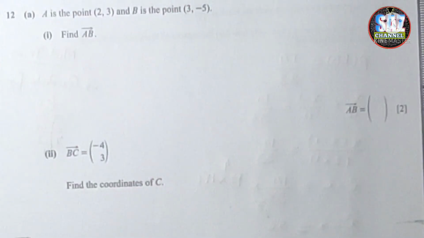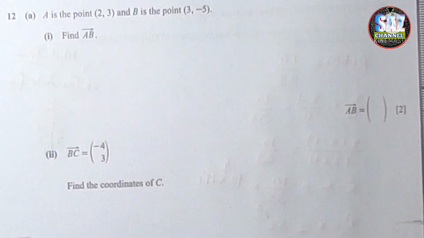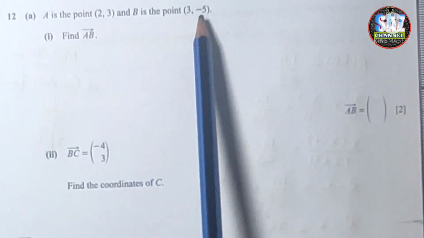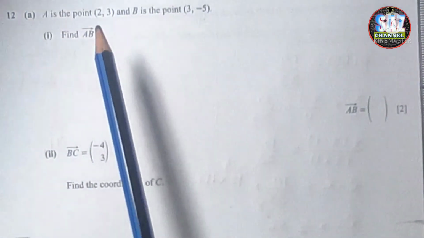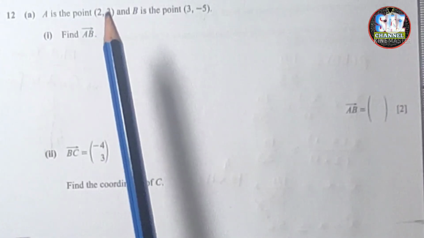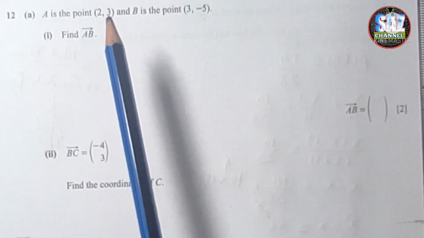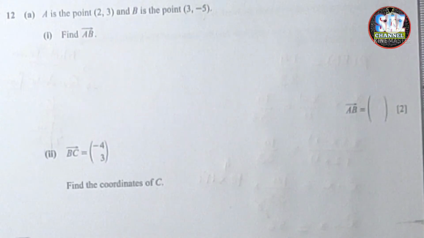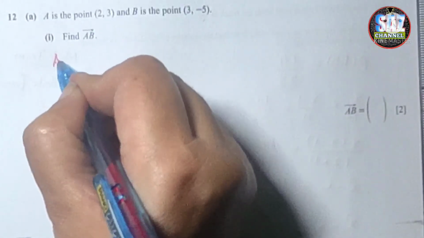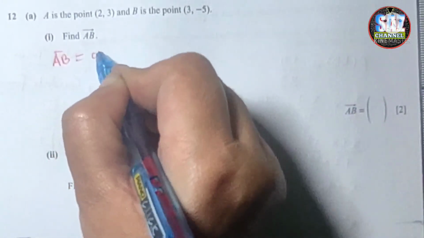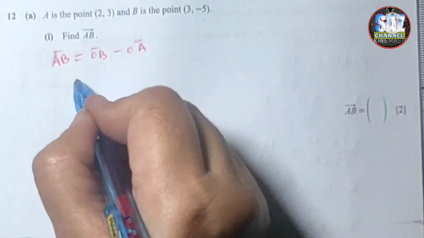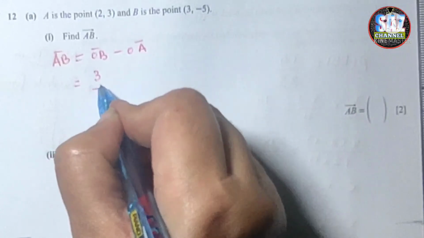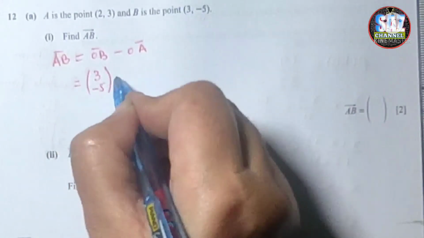And now let's move to the last question of the paper. Question 12 says that A is the point (2, 3), and B is the point (3, -5), and we have to find the vector AB. Really easy question. So what we have to do is that vector AB will be equal to OB minus OA, final point minus initial point, and we have to write it in the form of a column vector.